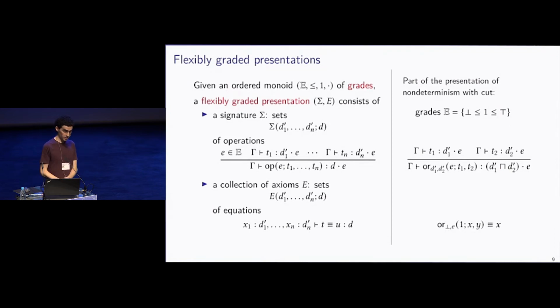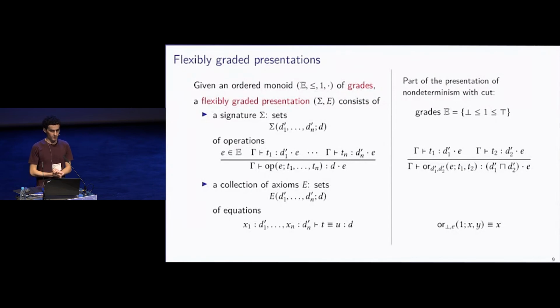So a presentation is first a signature, which means a collection of operations. In this case, every operation has a list of input grades, here D prime, and also some kind of output grade, D. Given such a signature, we can generate terms over this signature by applying operations to other terms.